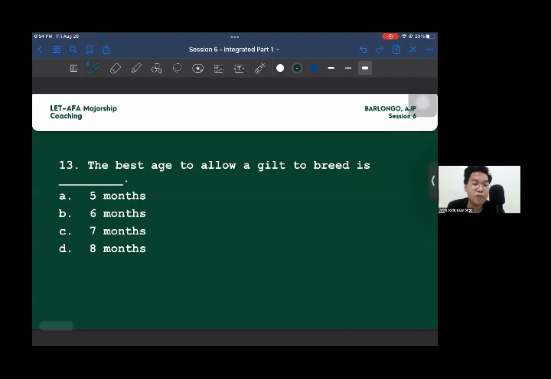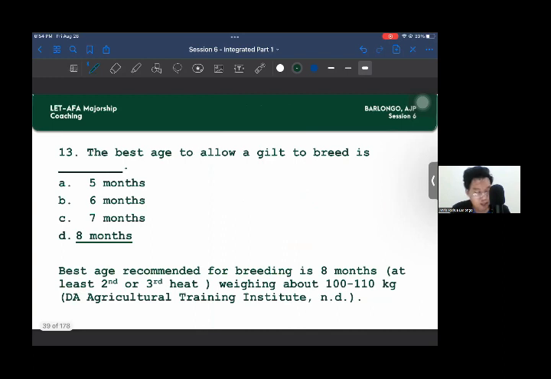So number 13, we have the best age to allow a gilt to breed is A, 5 months, B, 6 months, C, 7 months, or letter D, 8 months. Again, this is an objective question, so I need you to take note of this value. The answer for this one is letter D, which is 8 months.